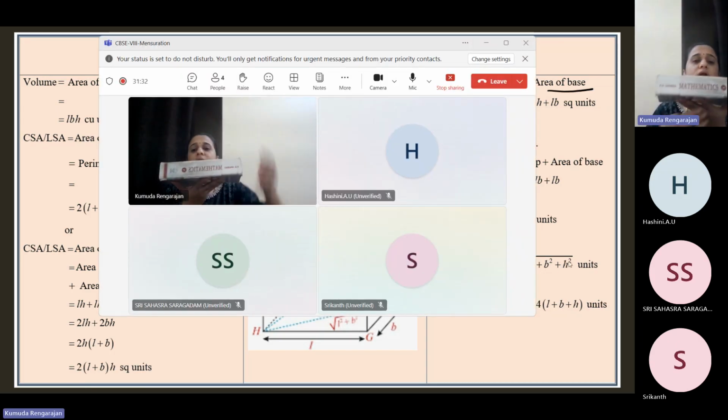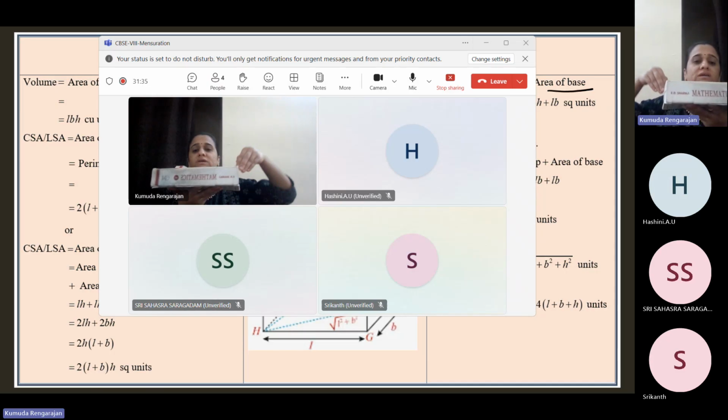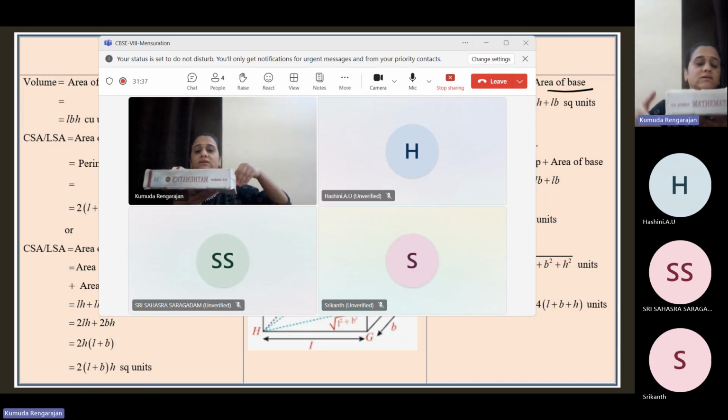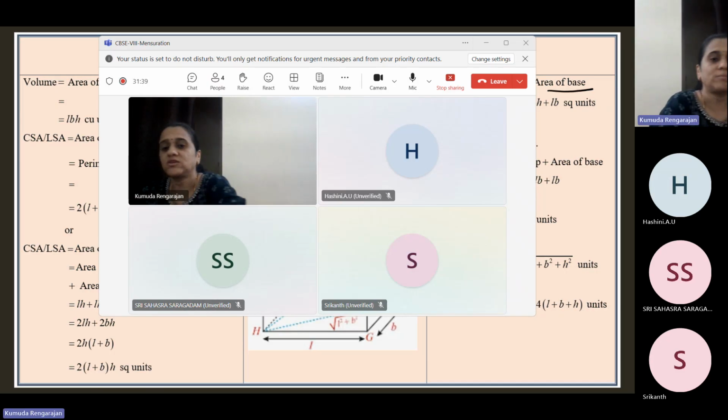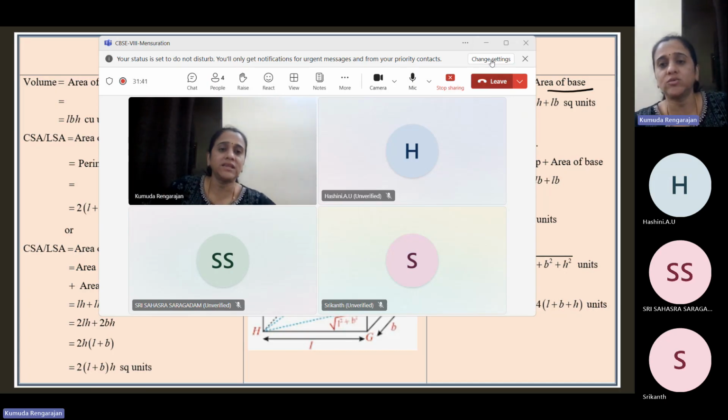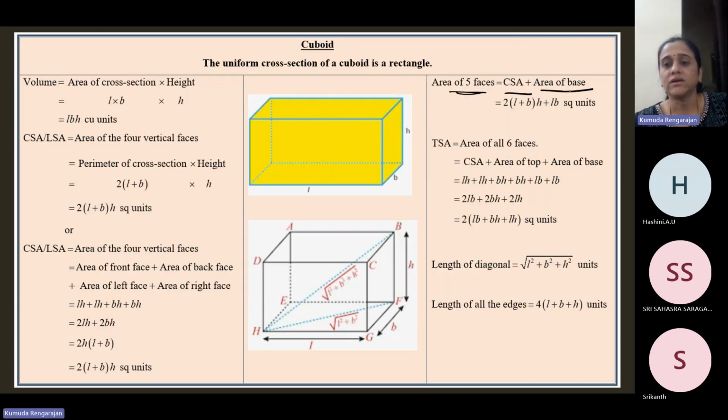The top is L into B, and the top and bottom area is L into B. Okay. So curved surface area or lateral surface area is 2 into L plus B into H, plus LB. That's it. You don't have to take out common and complicate it. You can just find this one separately, and add both to get the area of the 5 faces.